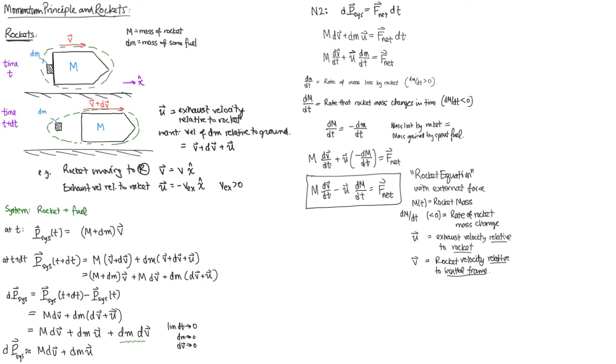And then v in the dv/dt is the rocket velocity relative to some inertial frame, say the ground, for example. And notice that we're allowing for an external force. What we're going to do next, though, is examine the case where there's no external force. In other words, you could imagine like a rocket sled that's moving horizontally without drag. Let's see what that looks like.